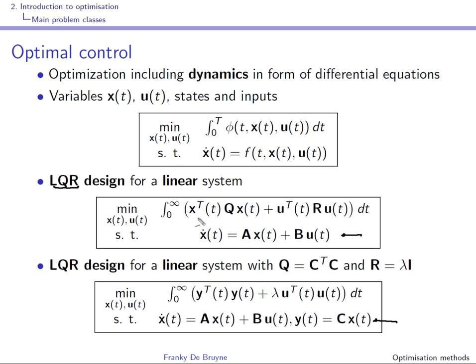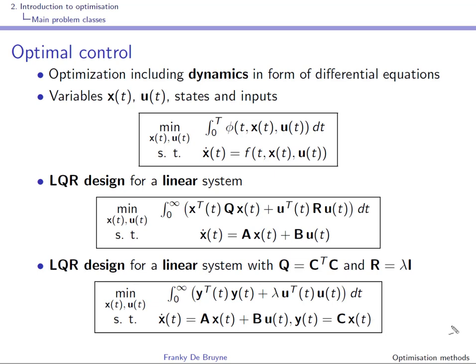For one particular case of Q and R, where Q is C transpose C and R is lambda times an identity matrix, the problem reduces to this one, and you can see that here you have a trade-off between minimizing the output energy and minimizing the control energy, and you can use this variable lambda to play with this trade-off.